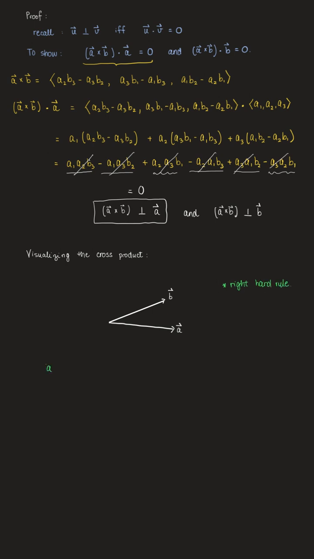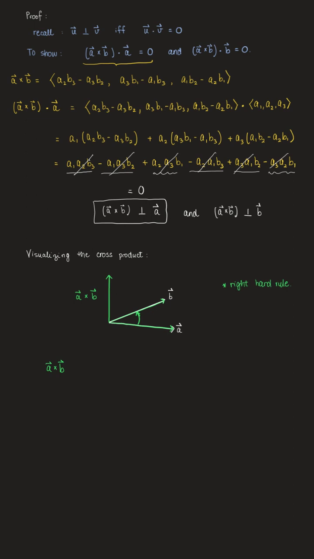We're going to visualize A cross B, which means that we start with A. Imagine lining up the palm of your right hand along vector A, and then curling your fingers towards vector B. Your thumb is going to point to the cross product A cross B. So your thumb will be perpendicular to the two vectors A and B, and that gives you the visualization for what the cross product of A and B looks like.